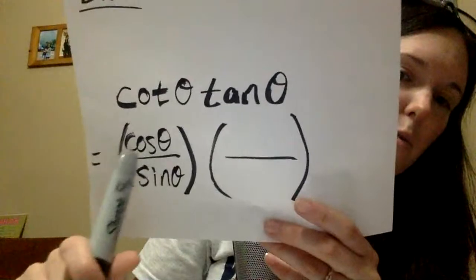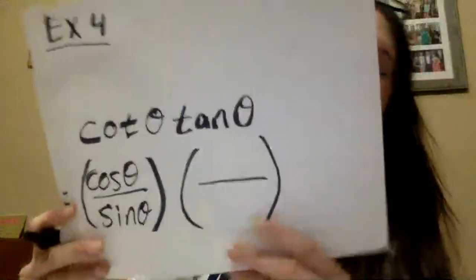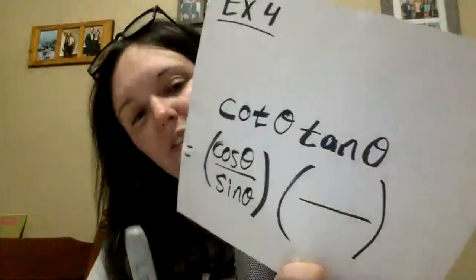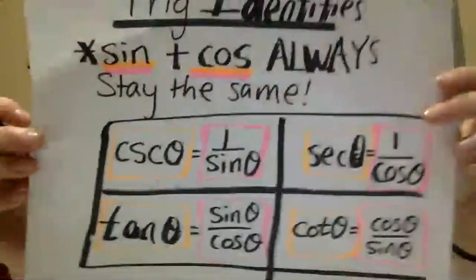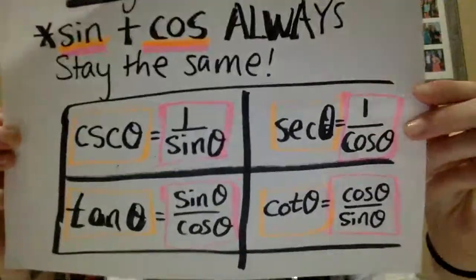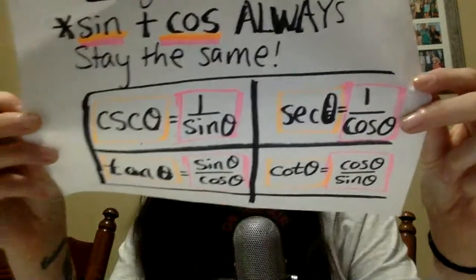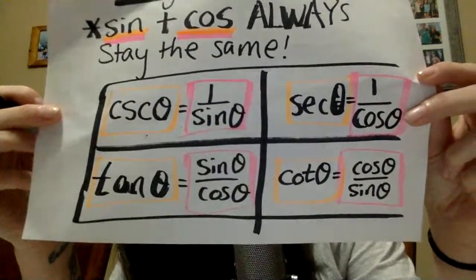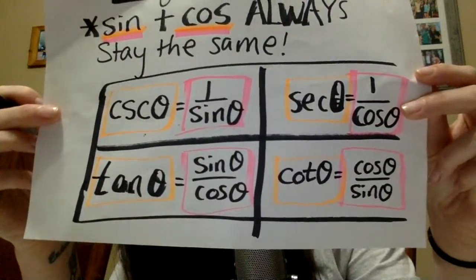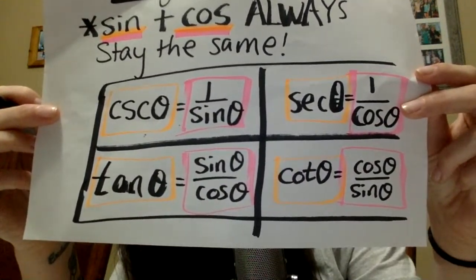So I replaced cotangent with cosine over sine. What is the other identity for tangent? T-A-N. The other identity for tangent. Very good. Excellent job, Carly and Sarah.